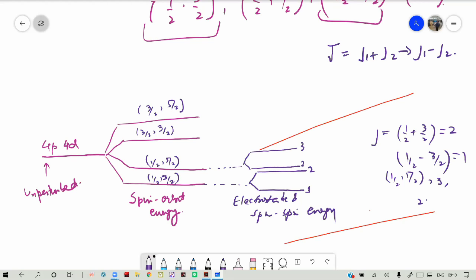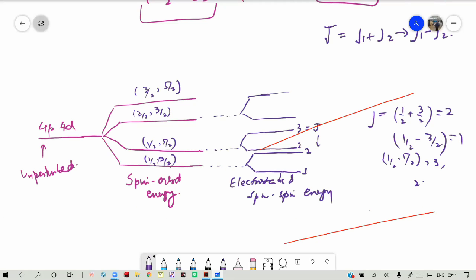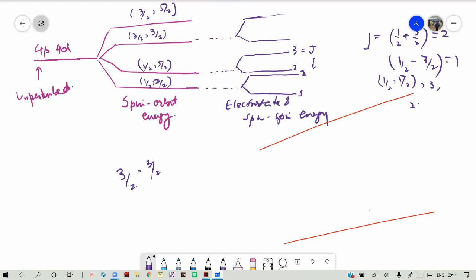These are all the J values. For this level, J will be, this is 3 by 2. What is this level? 3 by 2, 3 by 2.